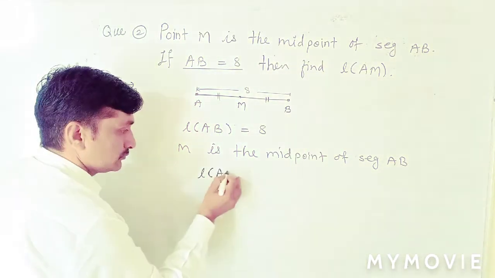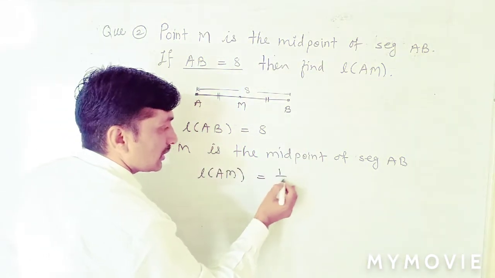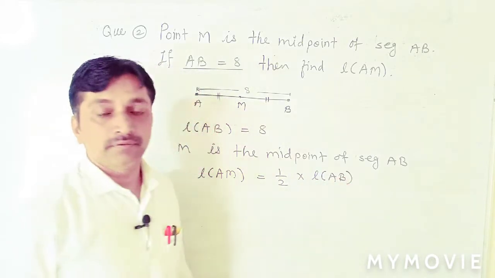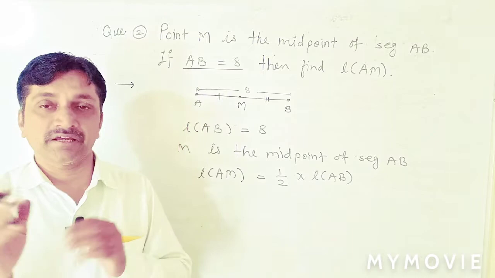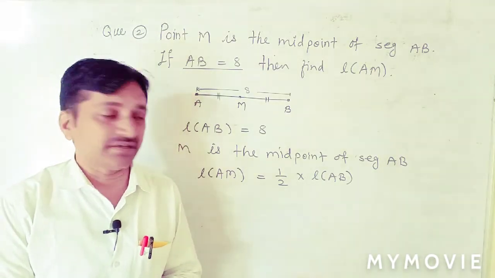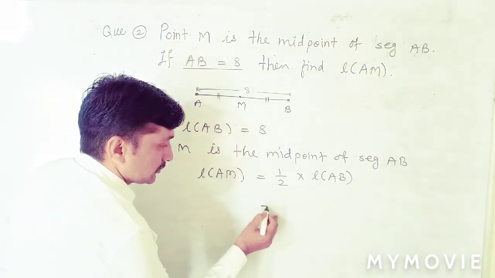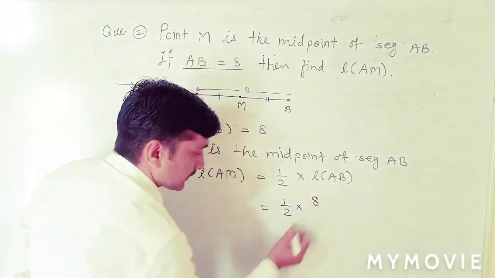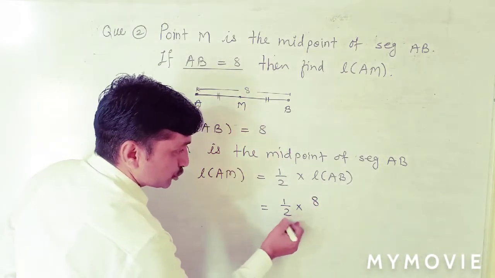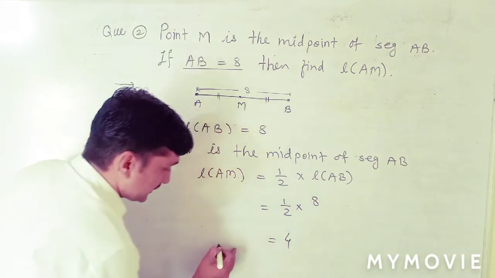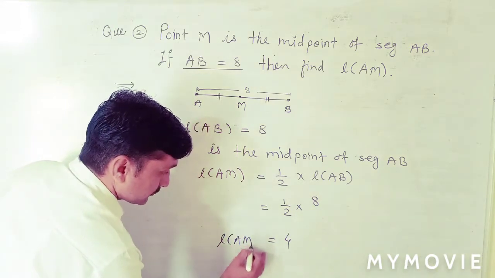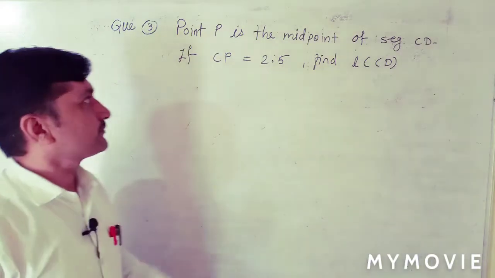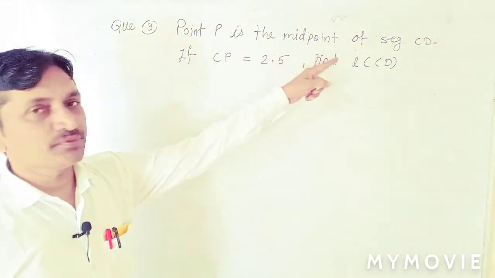Length AM is equal to half of length AB, because of midpoint, segment will be divided into two parts, means half. Half multiplied by length AB, which is 8. If we reduce by 2, 2 ones are 2, 2 fours are 8, and therefore we get length AM is equal to 4.